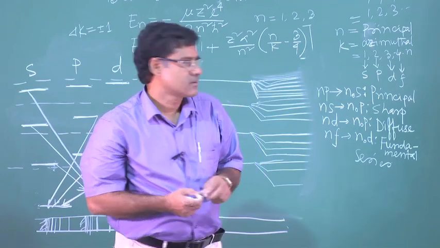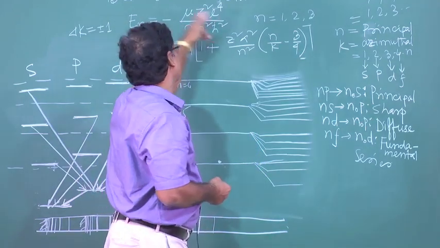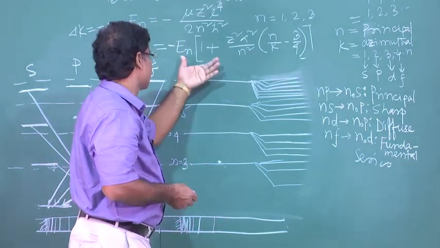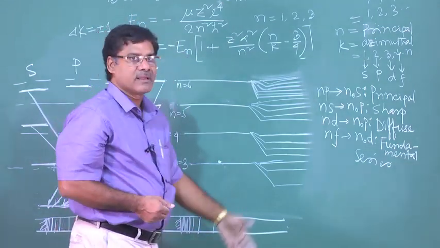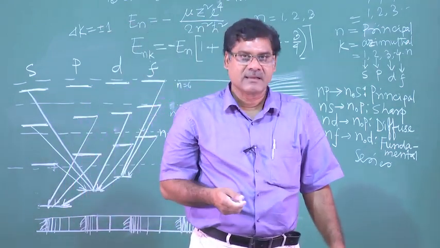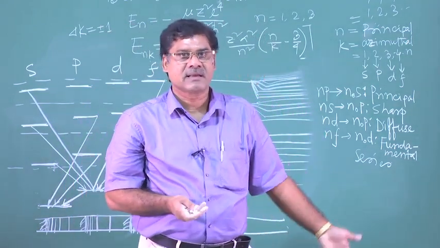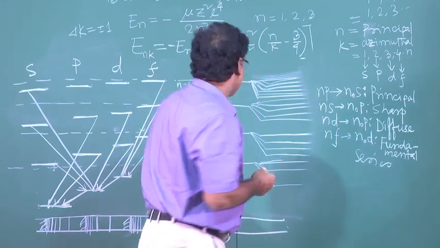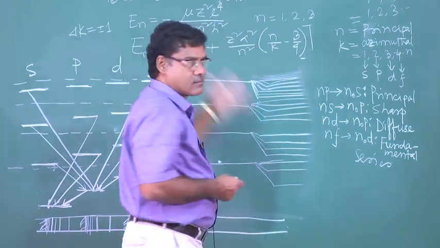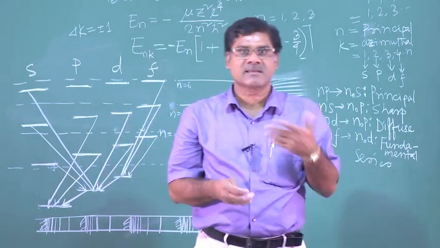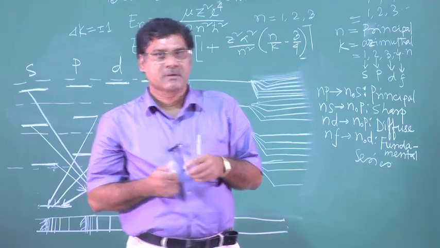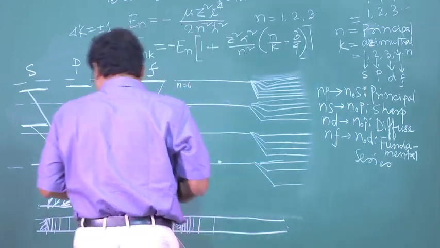It was not possible to explain this from the Bohr energy expression, but from the Bohr-Sommerfeld expression we can now explain the series. To some extent this is the success of Bohr-Sommerfeld theory. In the case of hydrogen also, it is not 5 lines, but at least 3 lines we are getting. So to some extent it is successful, but there is a problem.